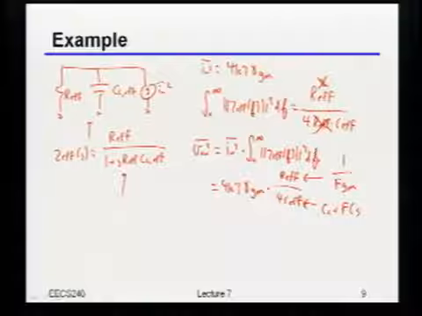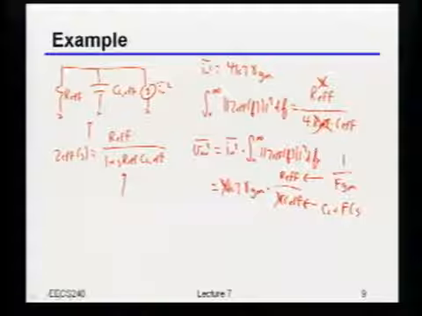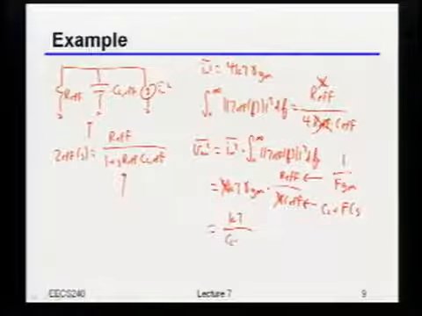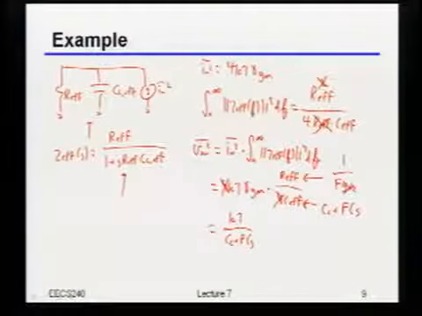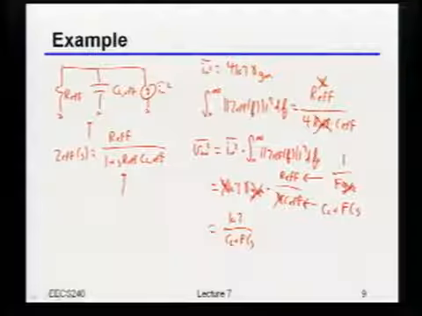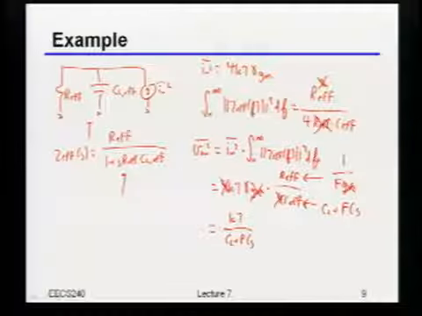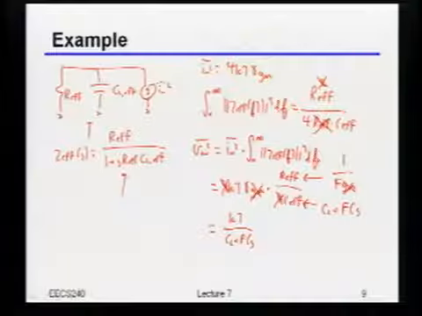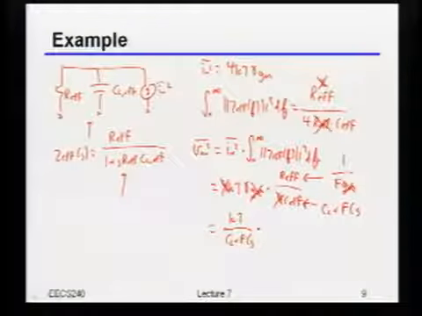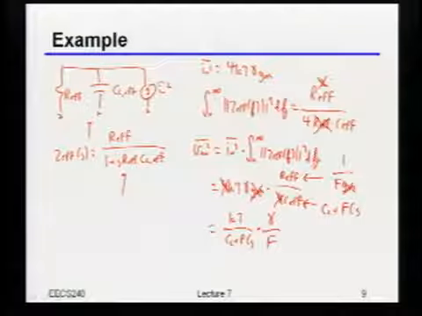If I just basically plug those two things in, obviously I can take the 4 here and cancel that with a 4 there. So I'm going to get kT divided by CL plus F CS. The GM right there is going to cancel with the GM right there. So of course GM falls out of the picture, which kind of is nice because we have this feedback circuit, so everything should be sort of set by the gain, right? So what I'm going to get is gamma over F, right?